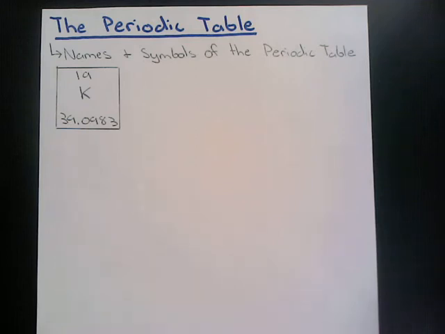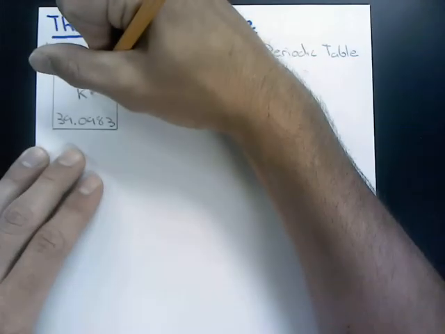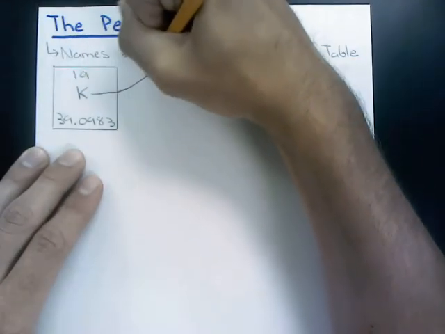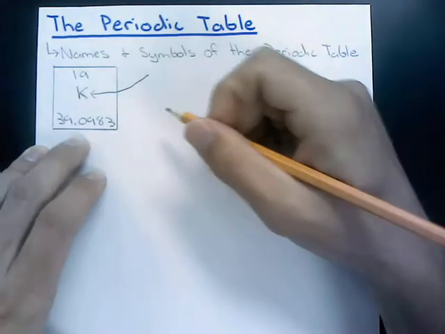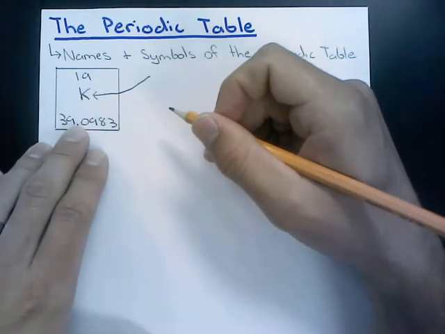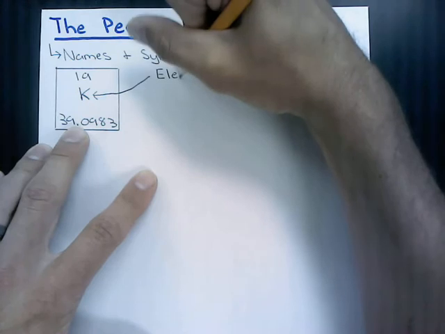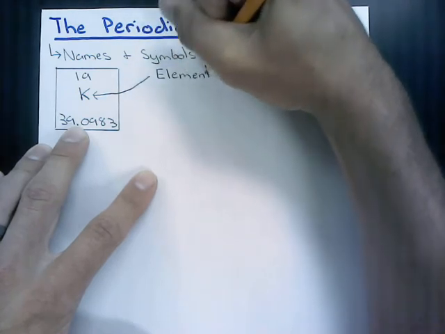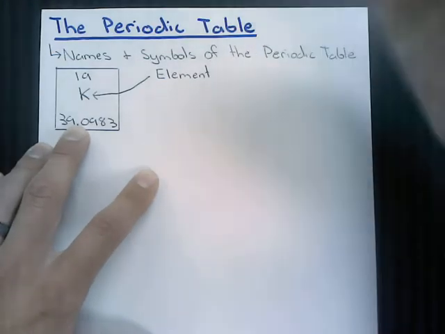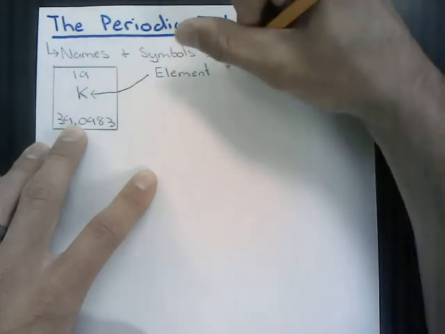The first thing that I want to do is I want to point out the element symbol. And so the element symbol for our periodic table that we will use is found right here in the center of the box that contains the information for each element.